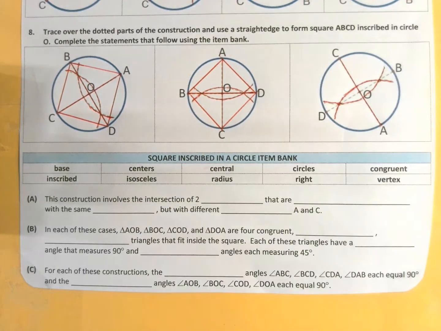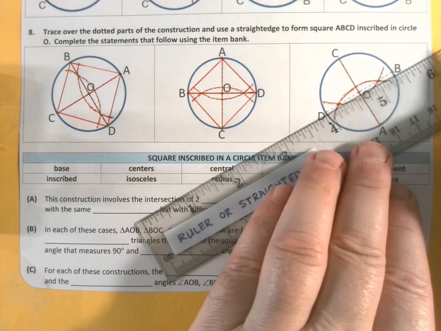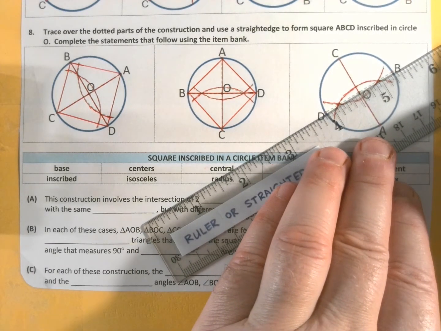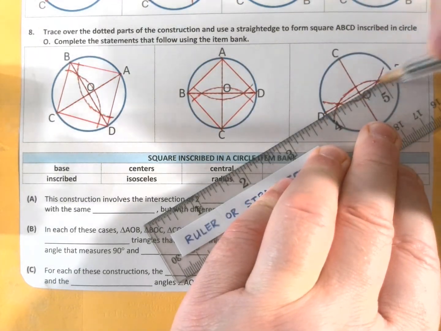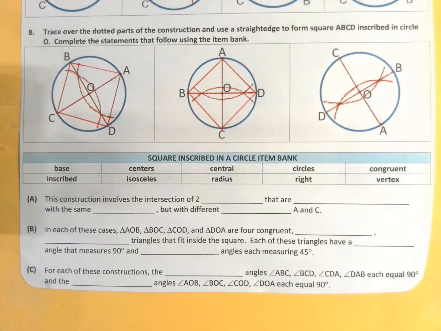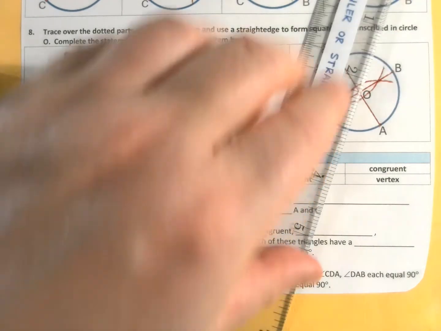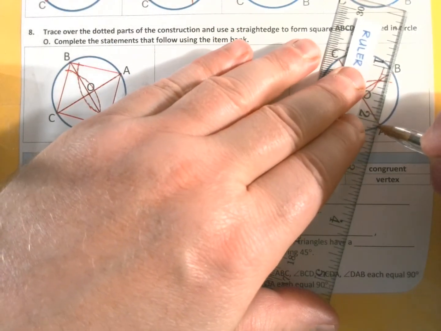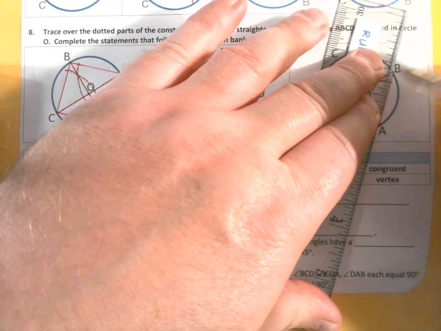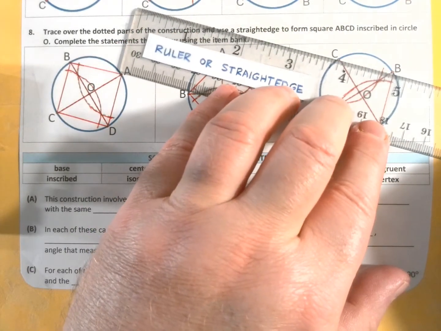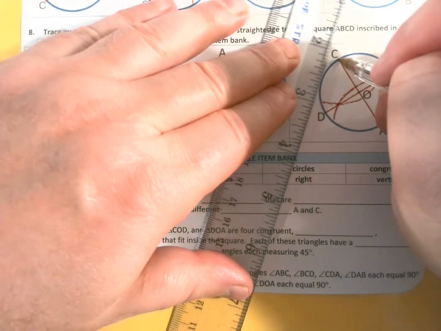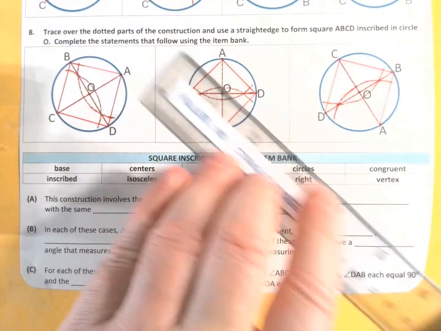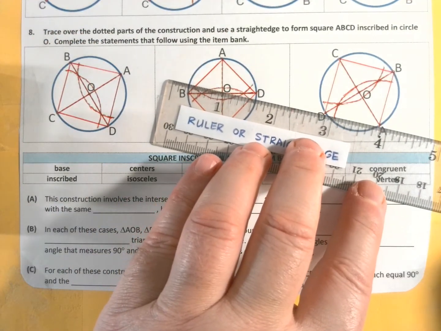So we're going to have intersecting diagonals. And these diagonals are both congruent and perpendicular. So we connect A to B, and then B to C, and C to D, and then followed by D to A.